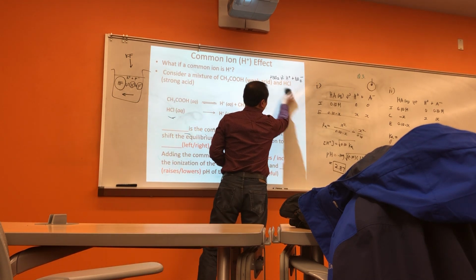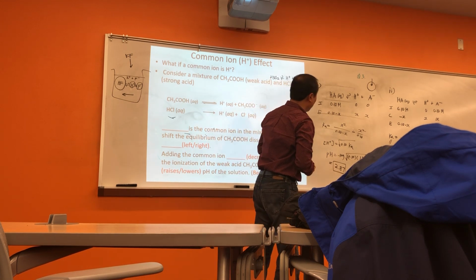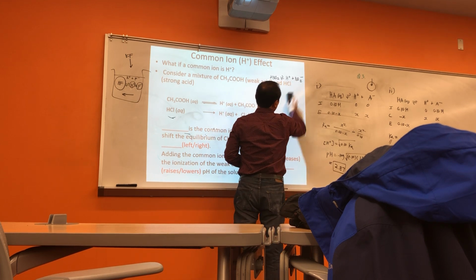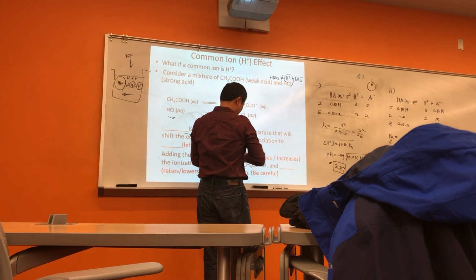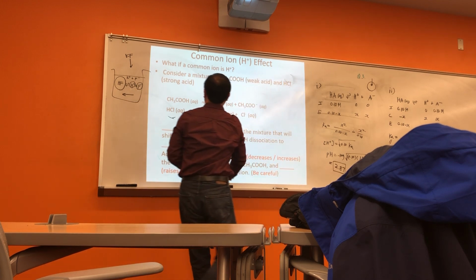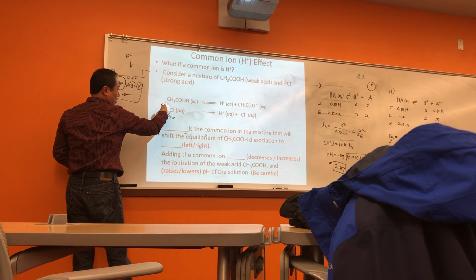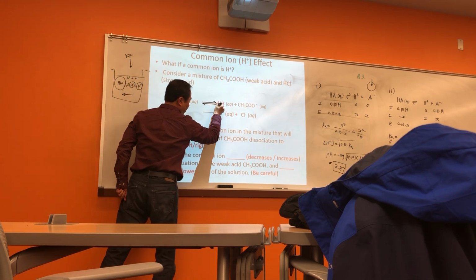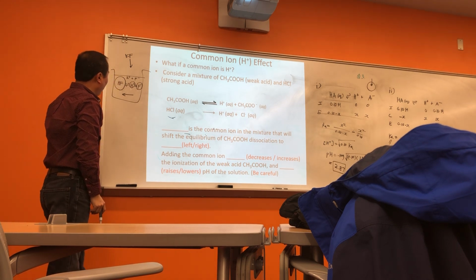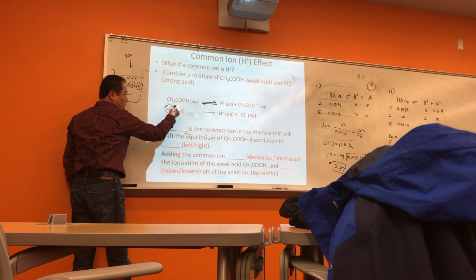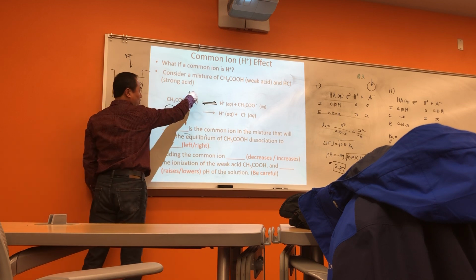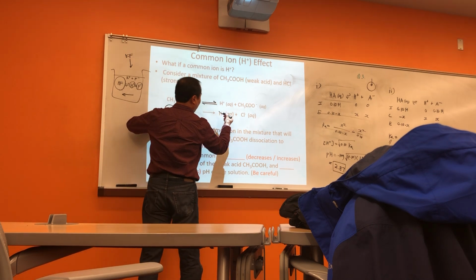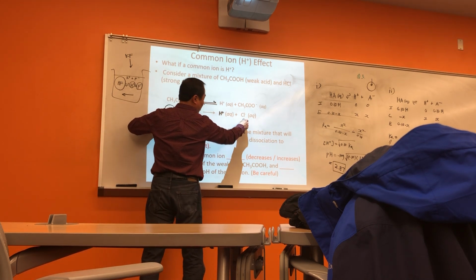In the previous slide, our common ion was an ion other than the proton, but sometimes the proton itself could be the common ion. In this slide, the weak acid would dissociate like that and reach equilibrium. What if we add extra strong acid to this equilibrium? Strong acid always dissociates 100%, giving proton and chloride.